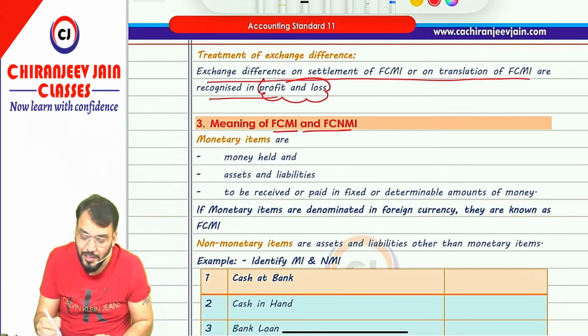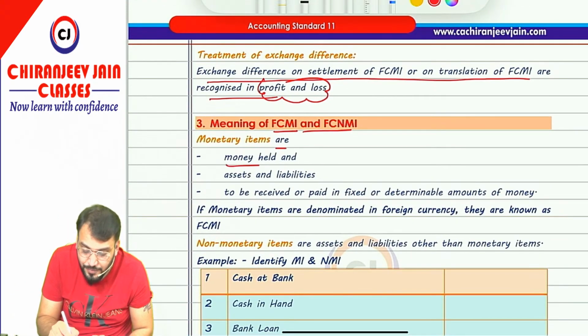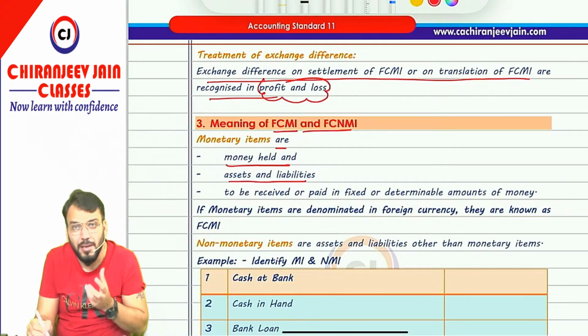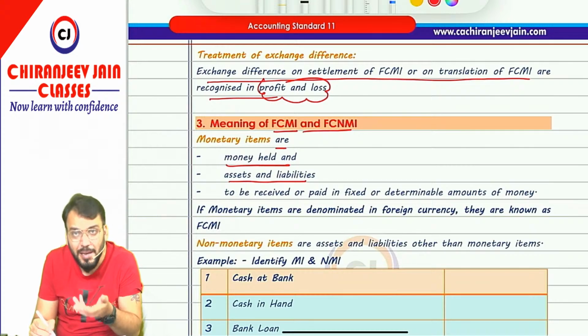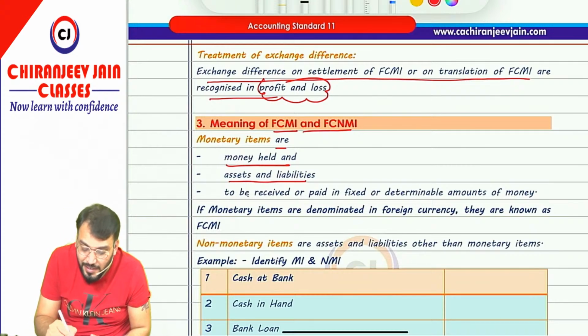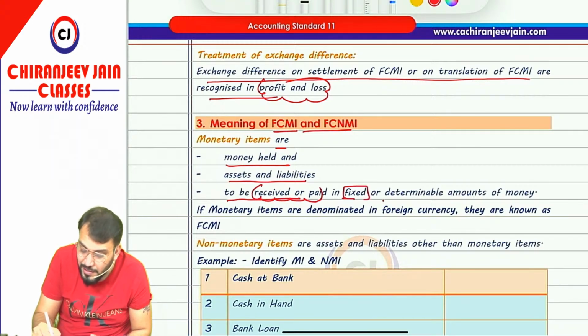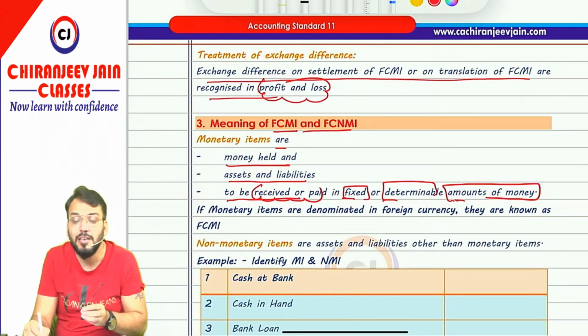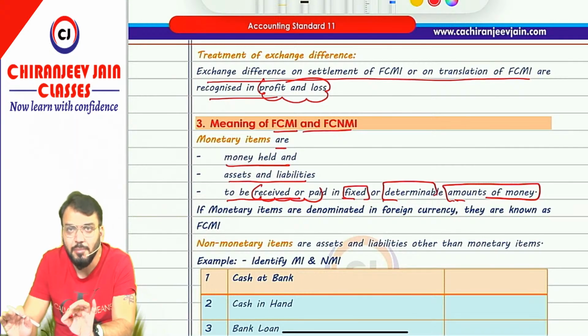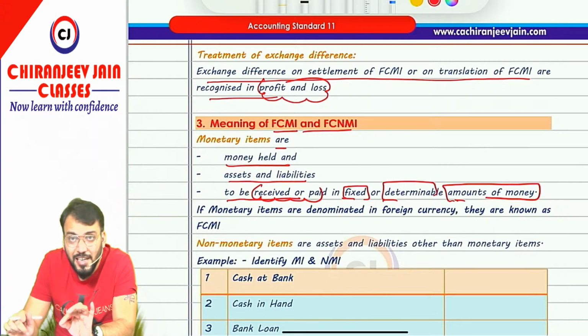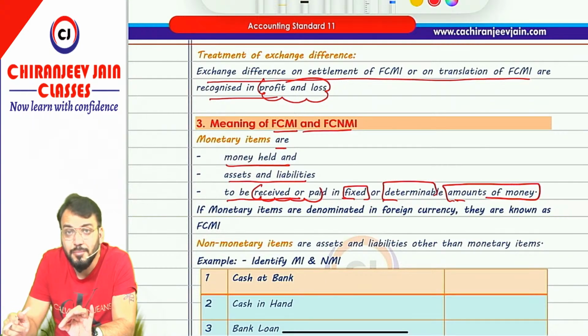So what do we mean by foreign currency monetary item? These are money held and assets and liabilities to be received or paid in a fixed or determinable amount of money. In simple words, any receivable or payable which is to be settled in currency, meaning either in cash or through checks.